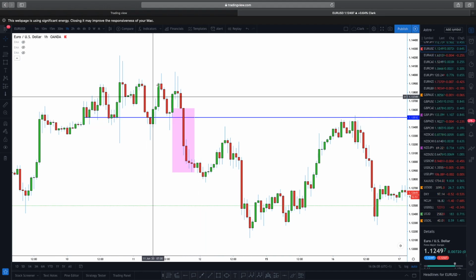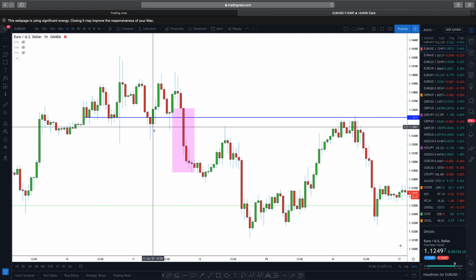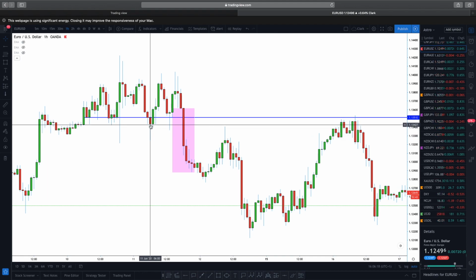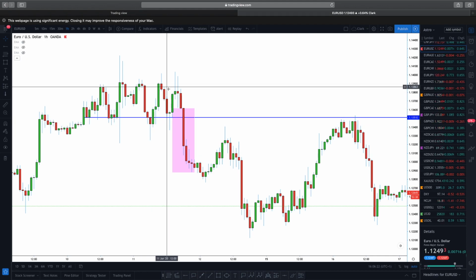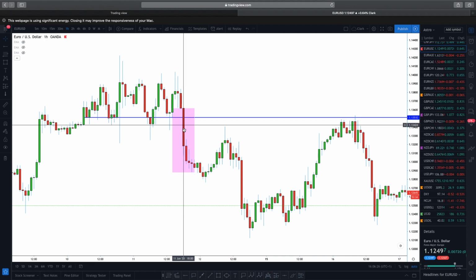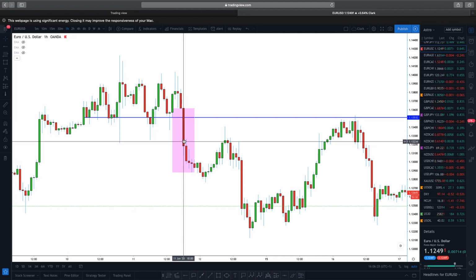We have the rejections, rejections, rejections. You have a little close here below, but you also have this giant wick saying the buyers are still in control, or the buyers aren't ready to let it go down yet because of that giant wick. Sends it back up, tests again, wicks up, and then this candle here is what does it. This giant candle here breaks through.